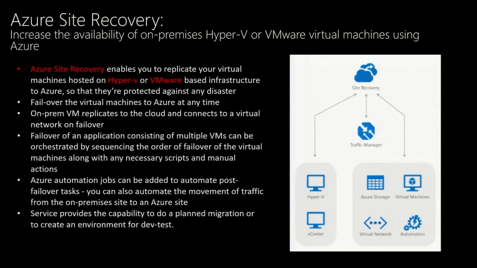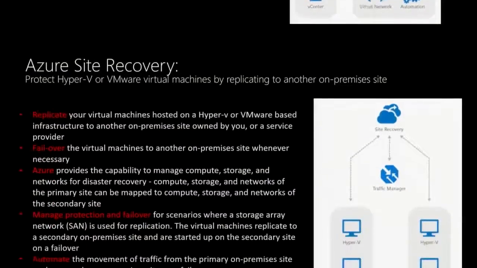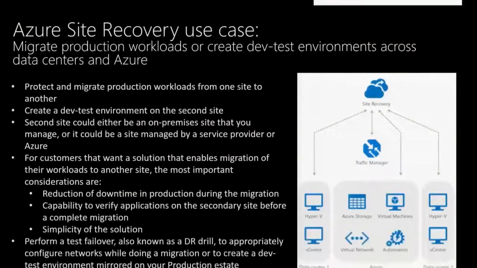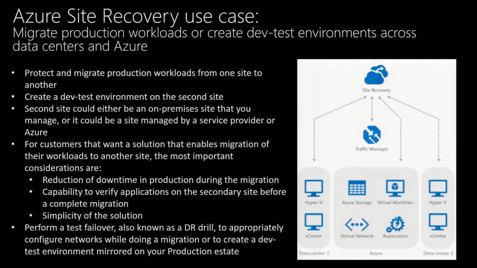Traffic Manager is the service that would tell that your site's offline, and it would stop sending traffic there and send it to Azure instead. So yeah, all pretty cool stuff, and relatively straightforward to set up if you know what you're doing.